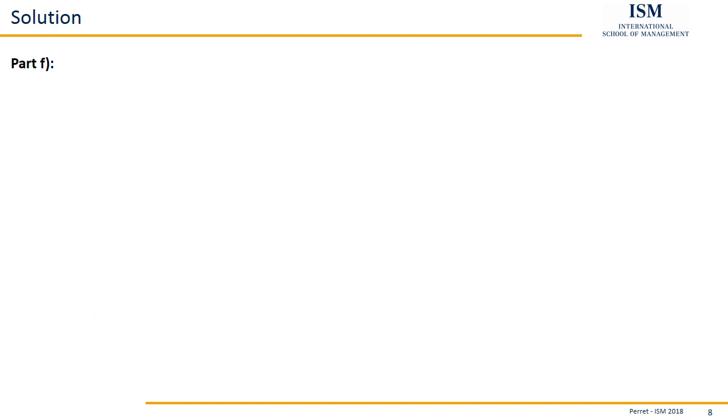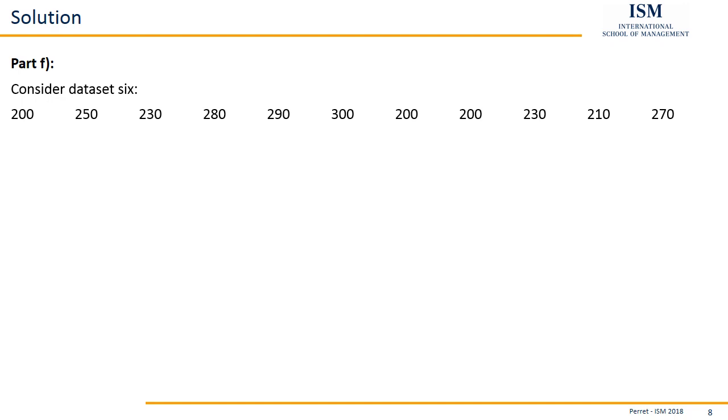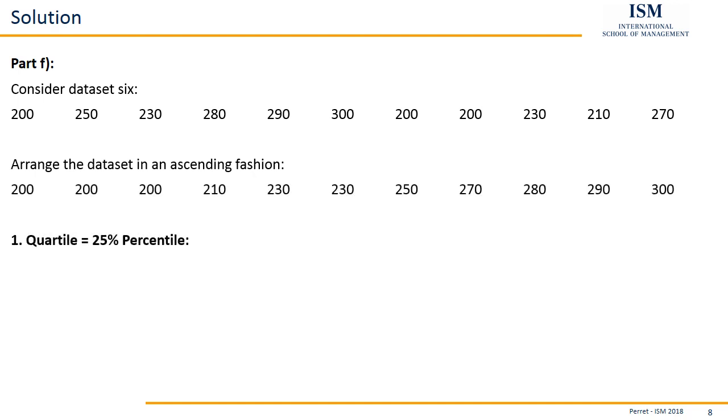Then we get to the 6th and final part of this exercise. Again, the same idea. We take the data set, order it in ascending fashion, and start with the 25% percentile or the first quartile. Now we have 11 observations, so we multiply 25% with 11, get 2.75, rounded up this gives 3, so at the third position we have 200.